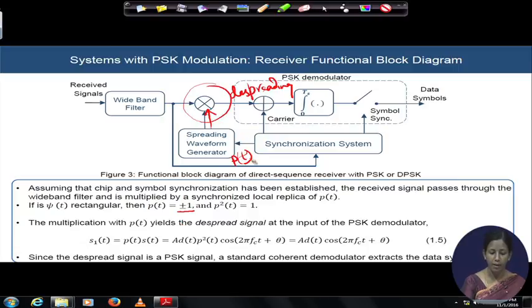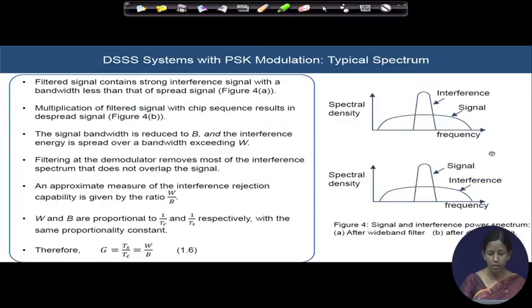Once we multiply this, we end up with p squared t, which will always give you the value of 1. So, at the end of this despreading process, you will end up with the signal A into d(t) multiplied with the carrier cos(2 pi f c t plus theta). The despreading operation we have understood here in mathematical form, it will be good now to see how it will look pictorially, spectrum-wise.